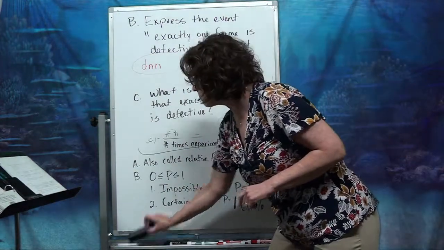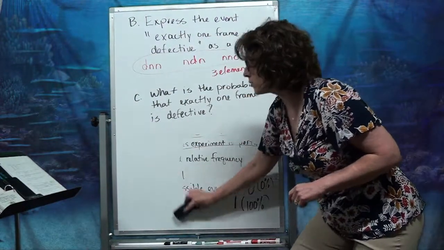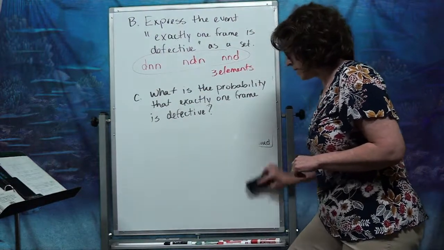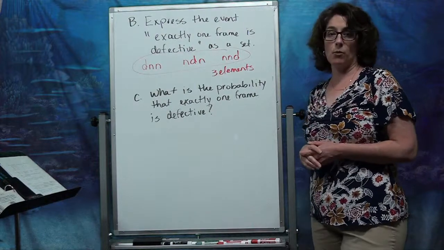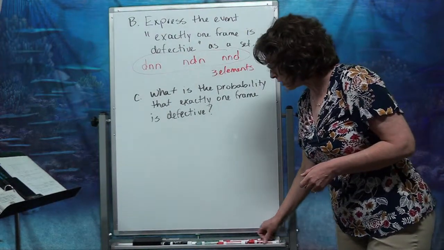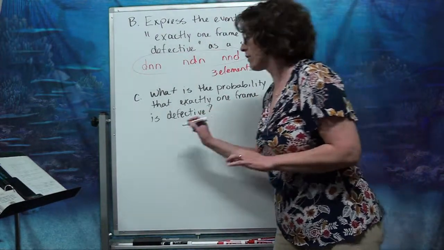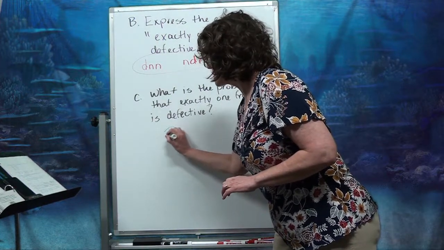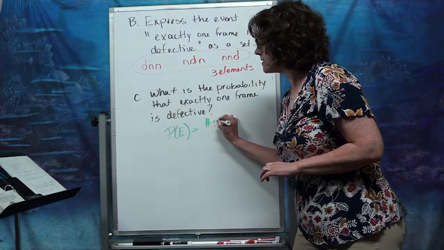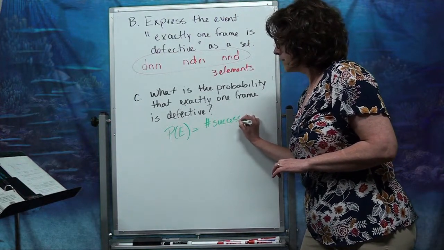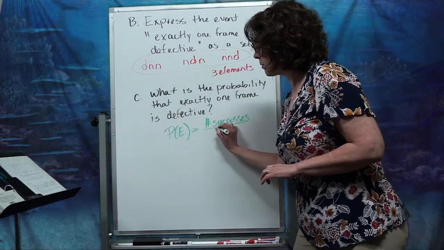Based on what we just saw, there are 3 elements that will make it happen, that we only have 1 frame defective. What is the probability that that 1 frame will be defective? Now we need to recall the formula for probability, that the probability of an event is the number of successes over the total number of outcomes.